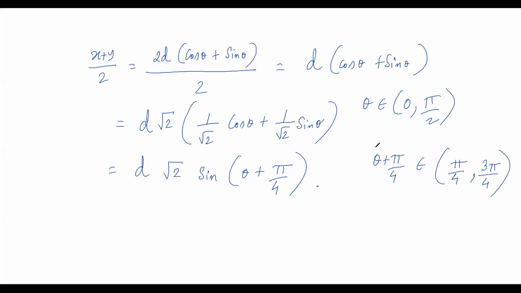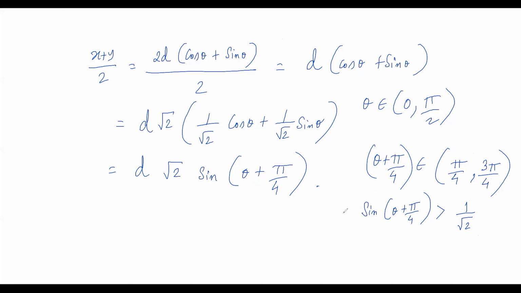And now since theta plus pi by 4 is inside the open interval pi over 4 to 3 pi by 4, we have sine (theta plus pi by 4) will always be strictly greater than 1 by root 2.